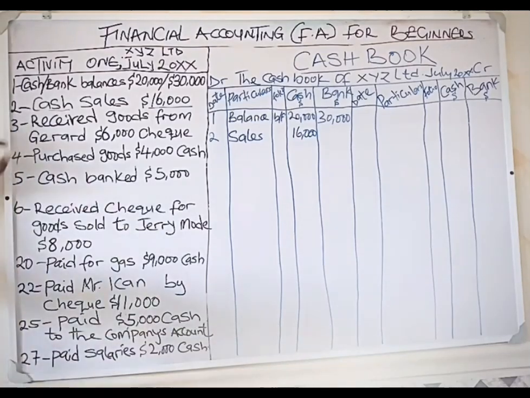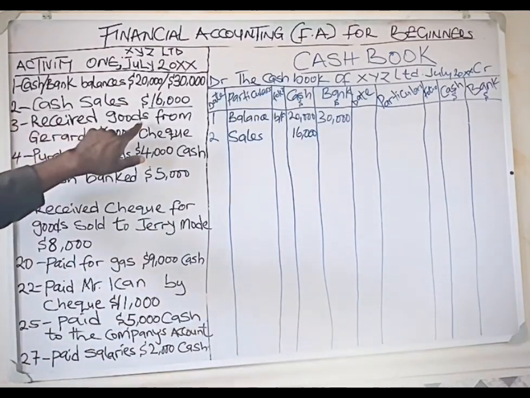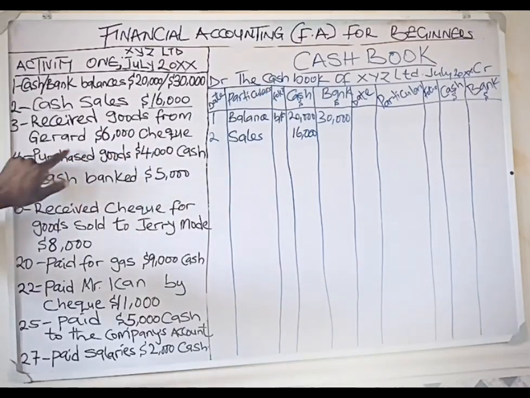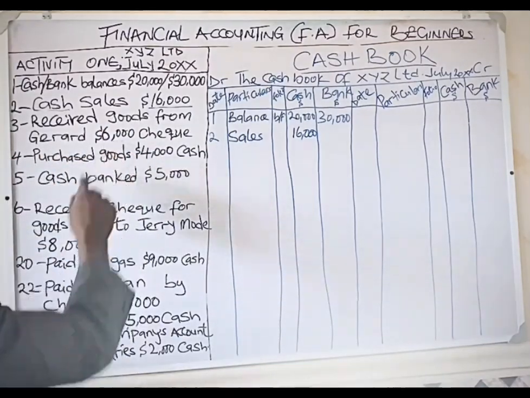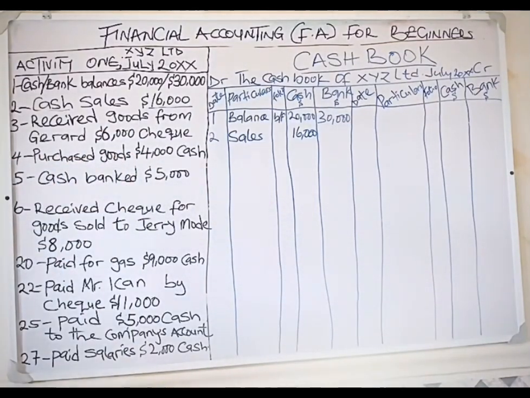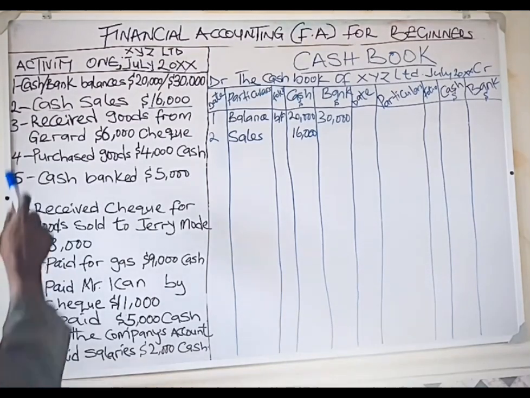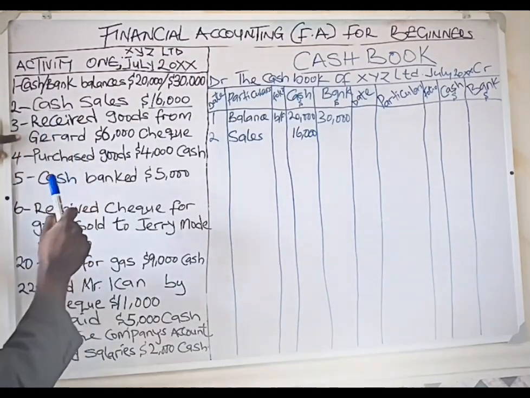The third transaction, 3rd July, says we received goods from Gerard, $6,000 check. So here you have to be very careful.